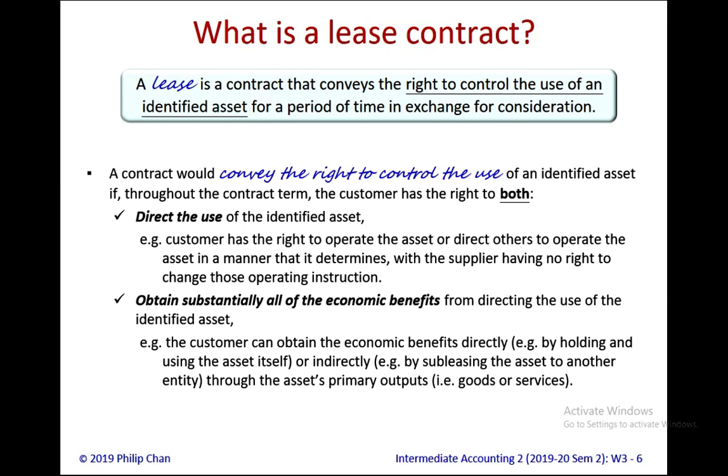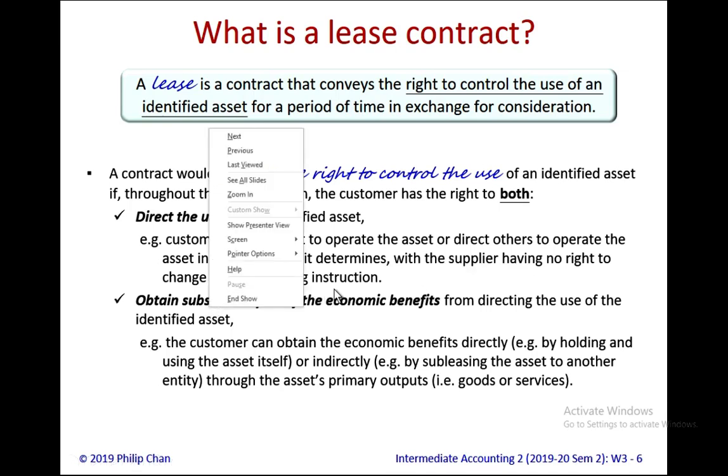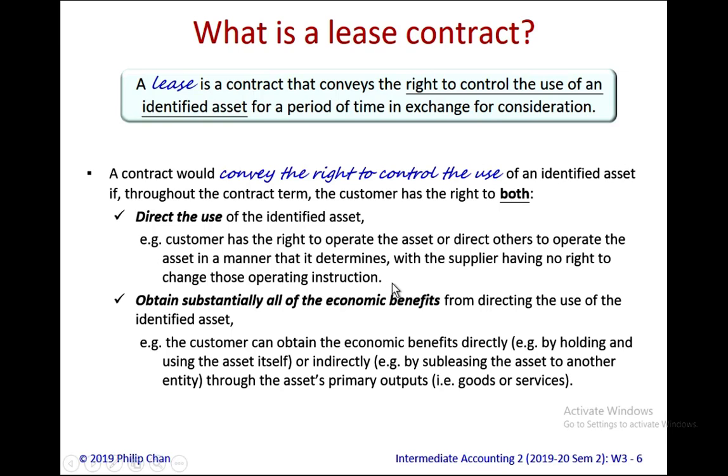Well, if you want to say that this contract has satisfied the right to control the asset and conveyed it to the lessee or the customer, then the customer has the right to, number one, direct the use of the asset, and operate it or direct others to operate that asset in a manner that it determines, with the supplier, the landlord, having no right to change those operating instructions. You can use it by yourself or you can direct others to use it.